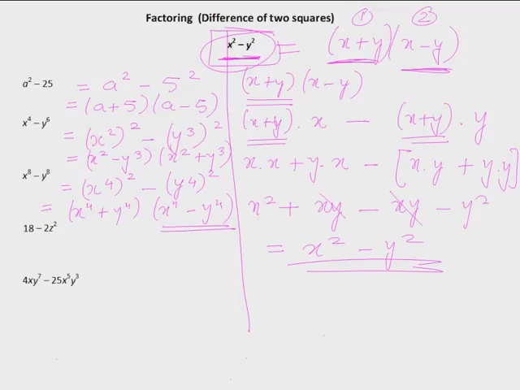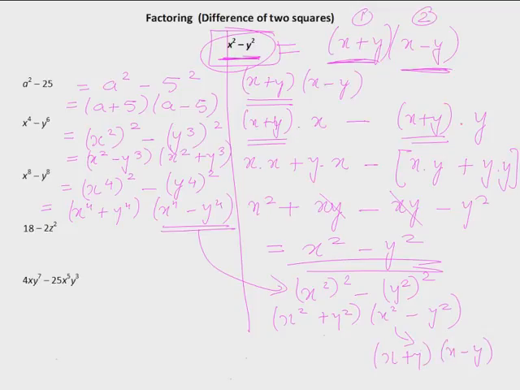Here again, this can be written as a difference of squares: (x^2) squared minus (y^2) squared. So this can go as (x^2 plus y^2) into (x^2 minus y^2). And what's even more interesting, this can go further as (x plus y) into (x minus y).